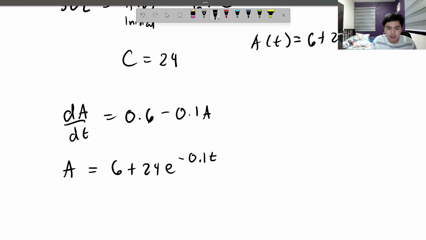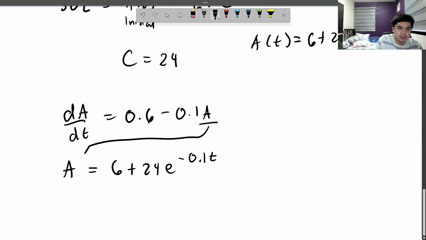We calculate the amount of alcohol 10 minutes later. That's the first one. And then we need to calculate the rate of change of the alcohol at the 10-minute mark. And conveniently, we need A in order to know what the rate of change in alcohol is. So we need to solve for A.